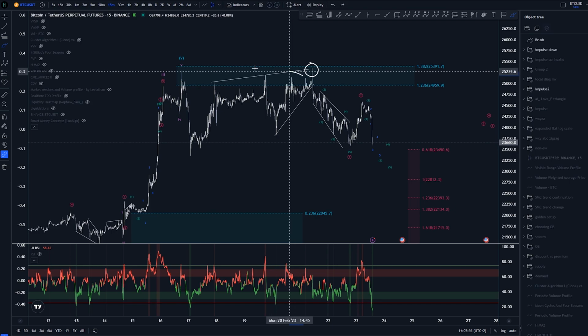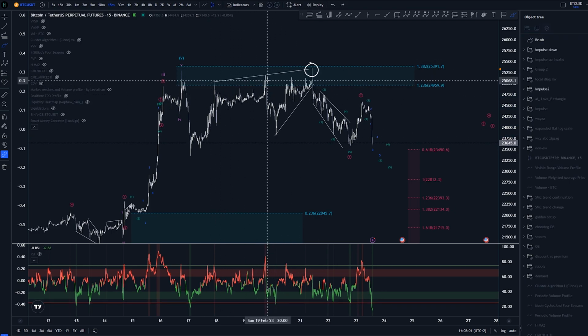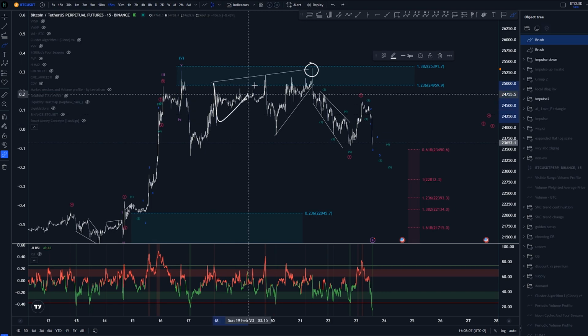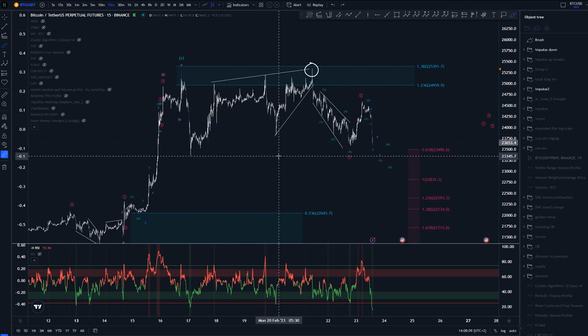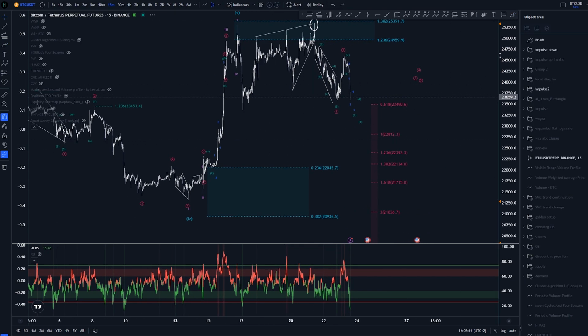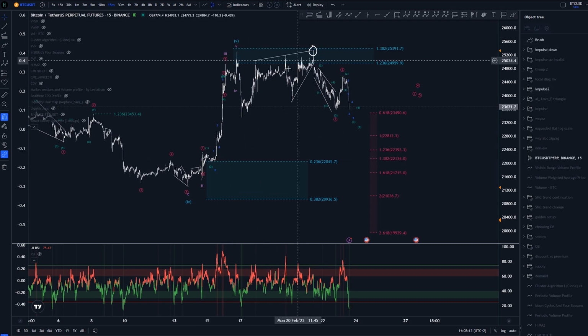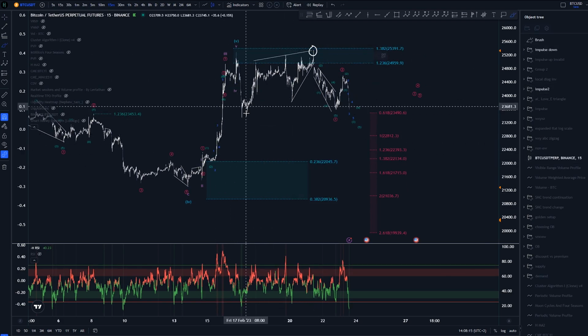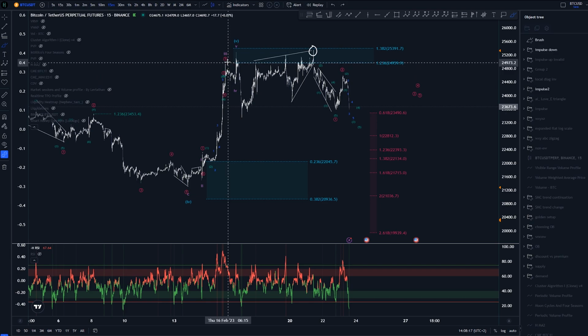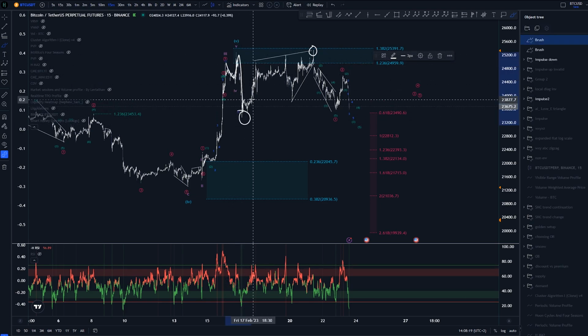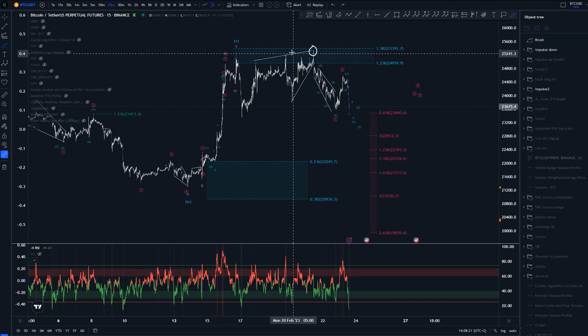Just because the structure looks horrible, generally we don't want to have any kind of flats on diagonals, and at this point we would have to have this way too as a flat inside the diagonal. Otherwise I can't really end a count in here, because this would be this wave 4 here, so we would have an ABC like so, and then we would have some kind of 5-wave up in here.